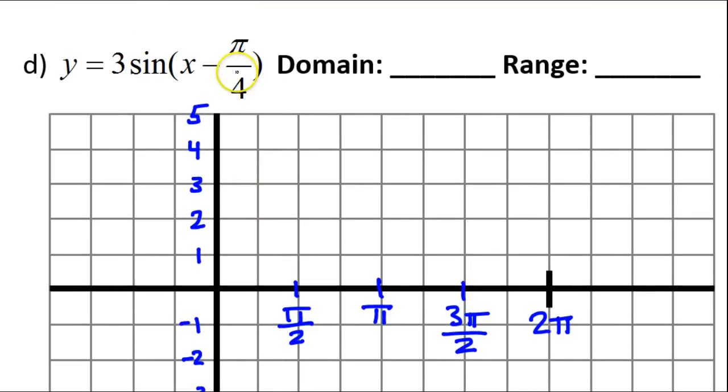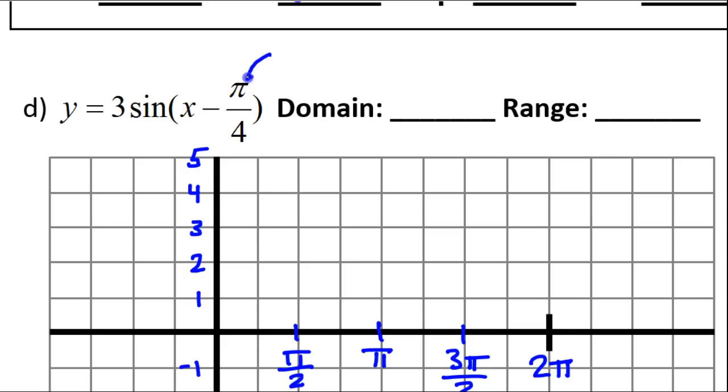What about a phase shift? This graph does have a phase shift. When you have the parentheses like this, and you have x minus something or plus something, this number right here tells you the phase shift, except it's in the opposite direction from the way it looks.